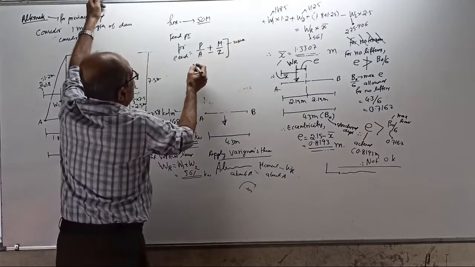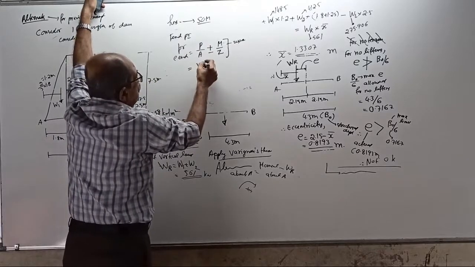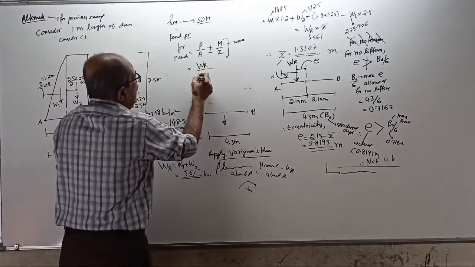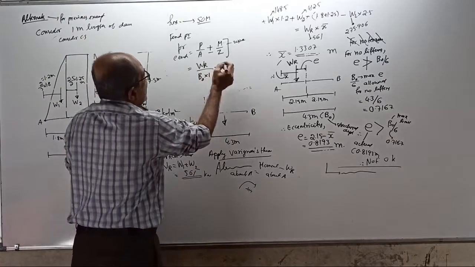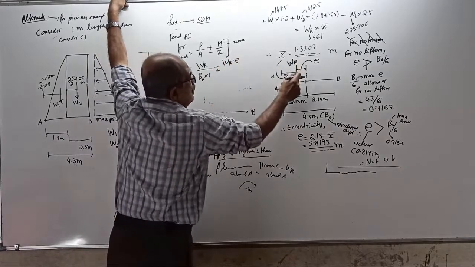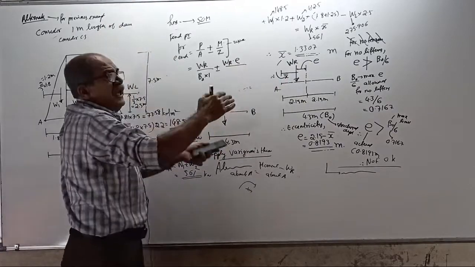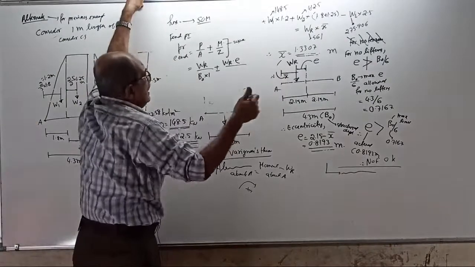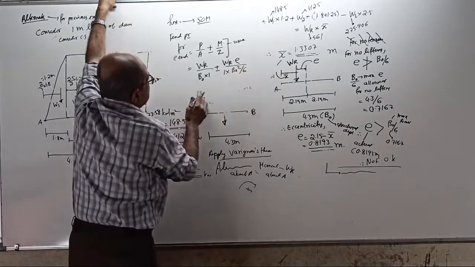Here P is the vertical load, WR. Area is width B0 into length 1. M is WR into E. Z is BD square by 6, which is 1 into B0 square by 6.